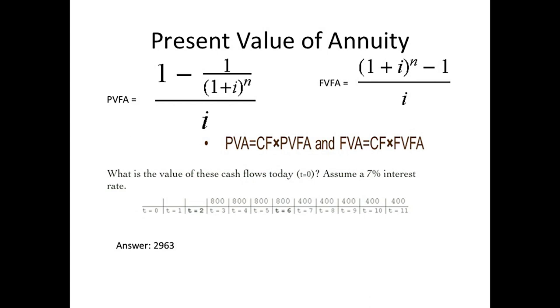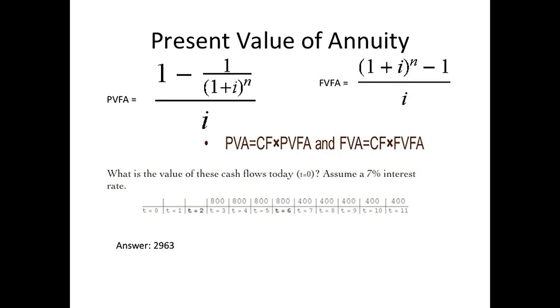I've given you the answer so that you can check your work. What we do here is treat these as two separate annuity streams, bring them back to the present, and sum them up at time zero, because, as I said, cash flows at the same point in time can be safely added together. To apply the present value of annuity formula to the $800 stream, i will be 0.07 and n will be 4, because there are four $800 payments.